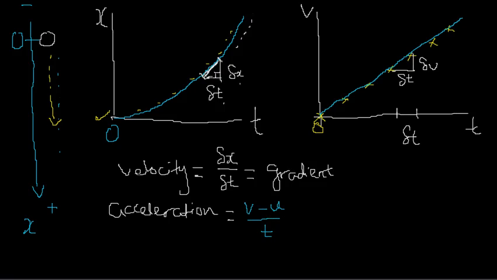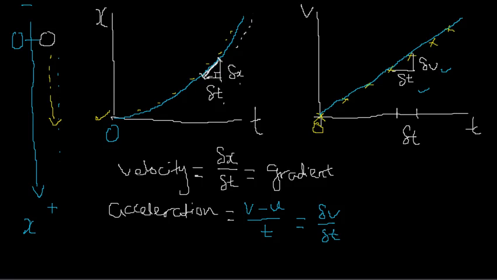So v minus u is just the change in velocity, which in this case is delta v, and delta t. So for this particular example, this acceleration can also be written as delta v, change in velocity, over the time interval.